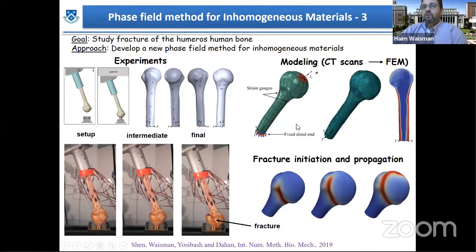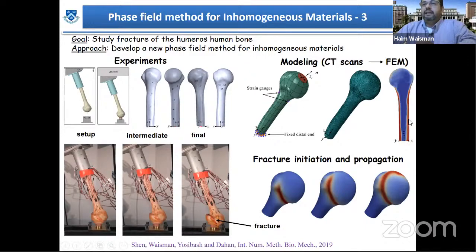So you can see here how we generated the mesh. You can see here the cortical bone and the trabecular bone in the finite element model. And then we ran the phase field method and obtained the same fracture behavior as in the experiment. I'll just mention to those who are interested here, if we just use the standard phase field method, that would not give us the correct results.